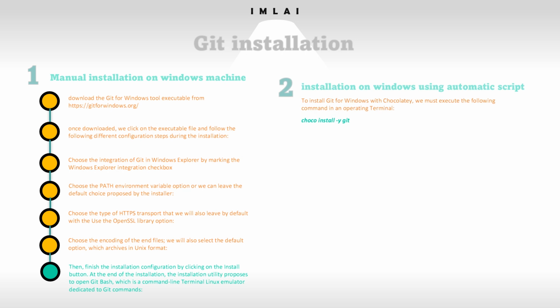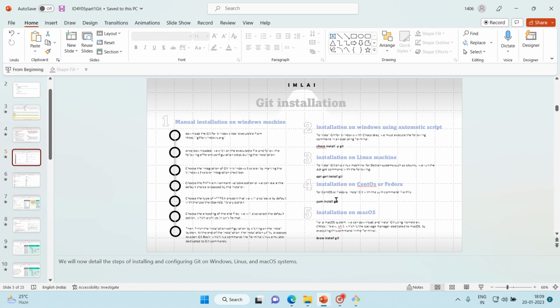And the second thing is installation on Windows using an automatic script, that is using Chocolatey. To install git for Windows with Chocolatey, we must execute the command choco install git. Okay, so for that, what will we do?